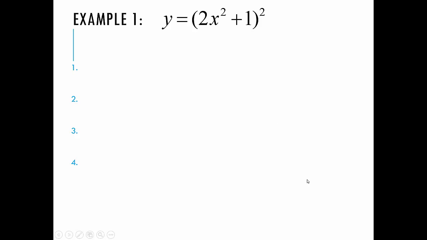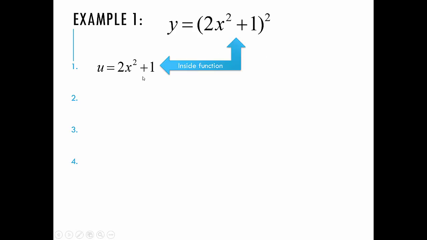An inside function would be something inside parentheses. An inside function might be a denominator, might be an exponent, might be what's under a square root. I define that first. I define my inside function, and I call that u. You can call it any variable you want, but I just call my inside function u.